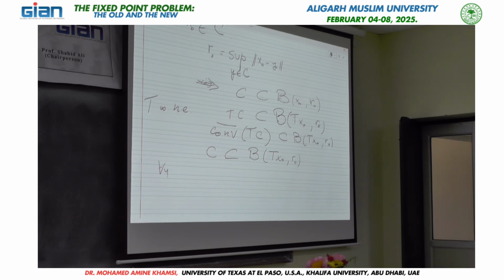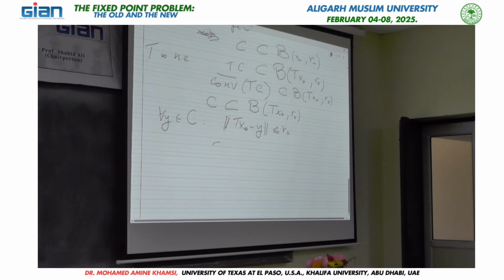It means for any y in C, the distance of T x0 minus y is less than R0, which means the sup of it is less than R0.